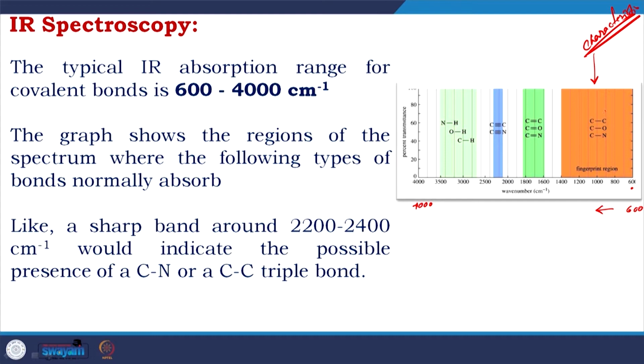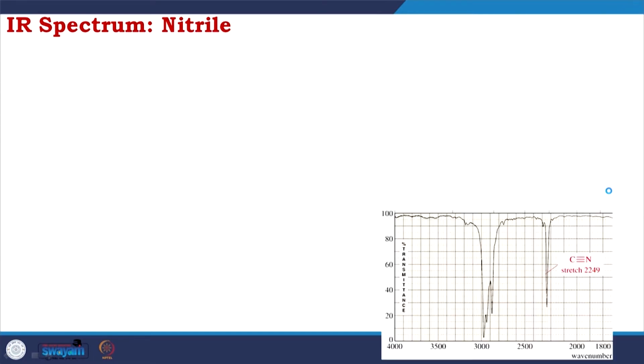So, that is why if you get around this, you know these are these bonds. Like a band around 2200 to 2400 centimeter inverse would indicate the possible presence of a CN or CC triple bond. So, coming to different ones, now you could see these are thin ones, we will talk about broad ones which we have shown already, like hydroxyl.